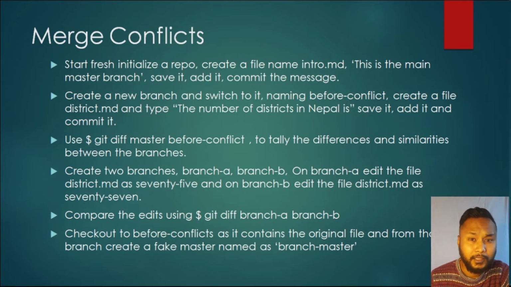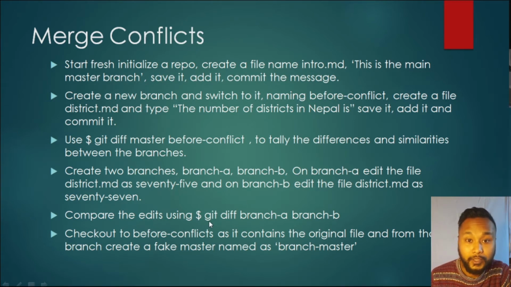Before 2015, we had 75 districts in Nepal, and after that, certain changes in the province area and regional boundaries resulted in two additional districts, so now we have 77 districts. So we get the result from branch A to be 75 and from branch B to be 77.